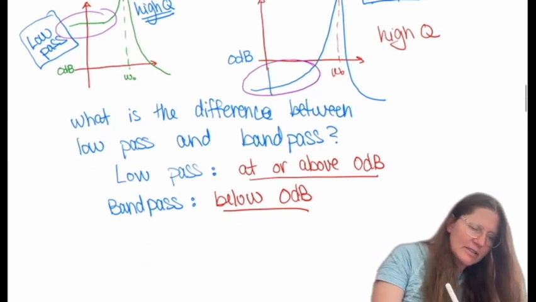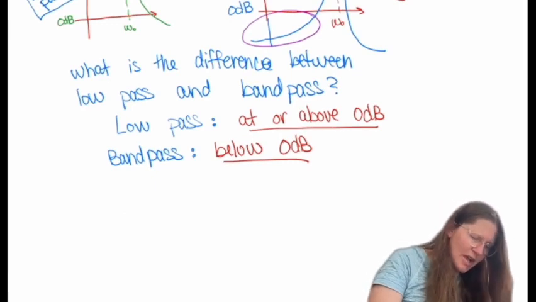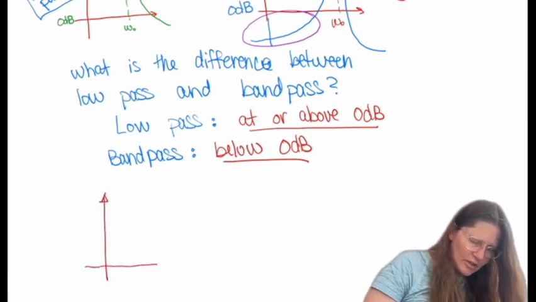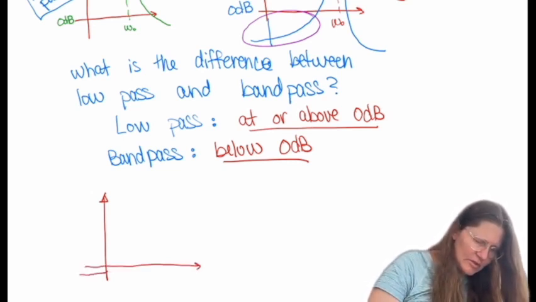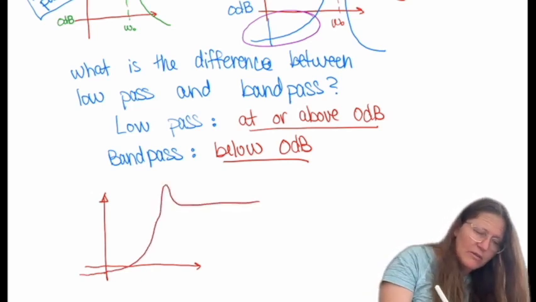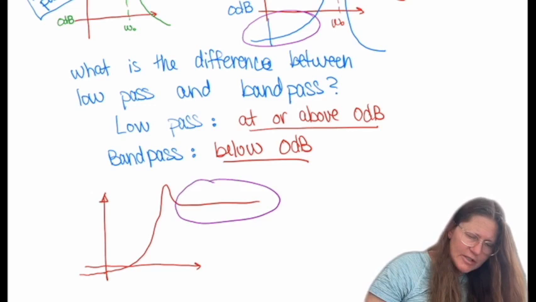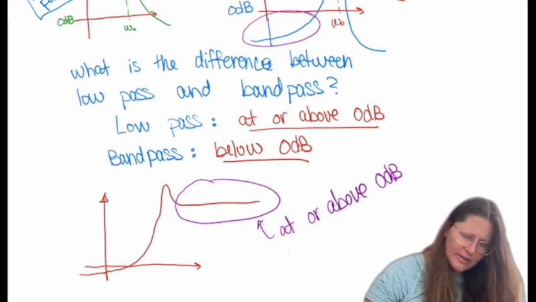So on the high pass, for a high pass, it's going to look something like this, where it will be below 0 dB, and then it could peak, but then it's going to be at or above 0 dB after it. So at or above 0 dB will define if it is a high pass.